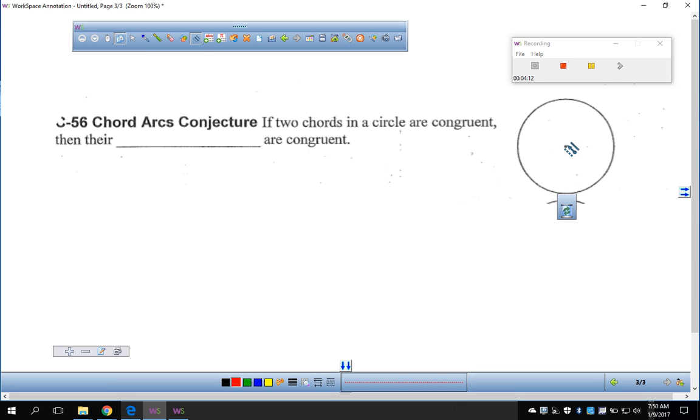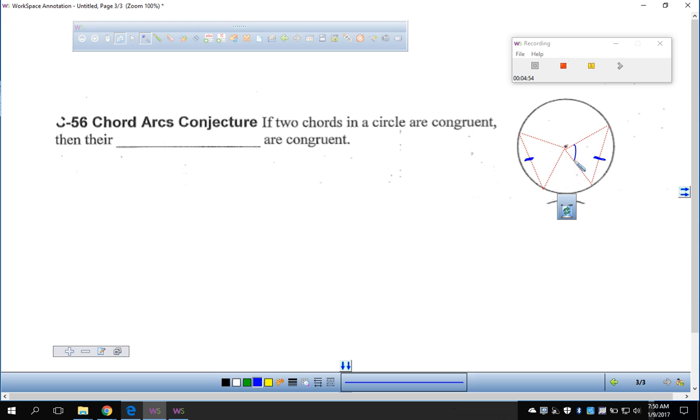If I were to draw in two chords that are congruent, and I draw in the central angles as well, here and here, and I know that this chord is congruent to this chord, what has to be true about this angle and this angle?